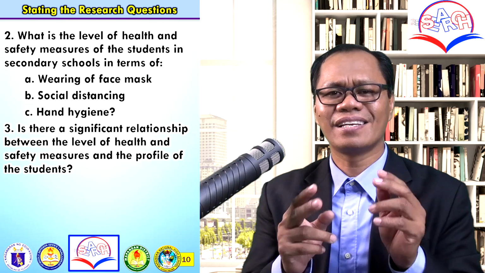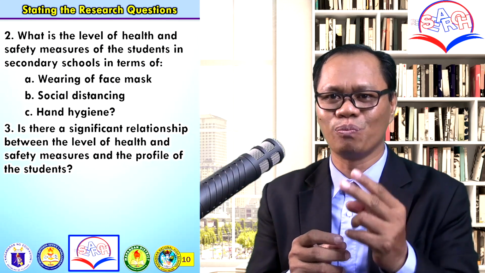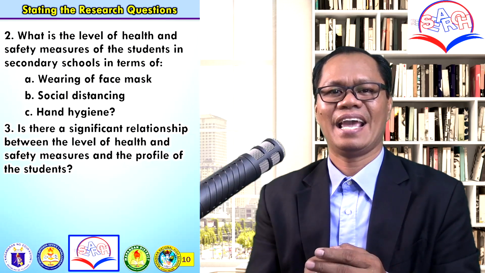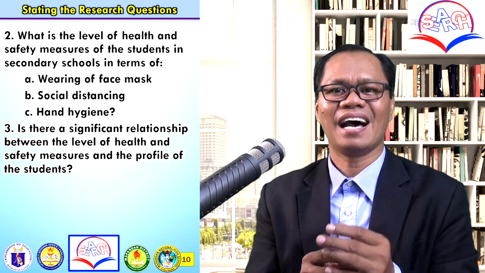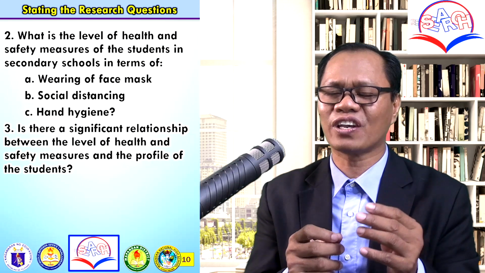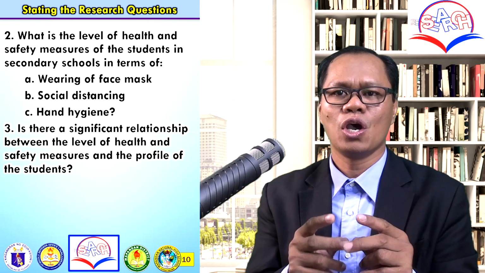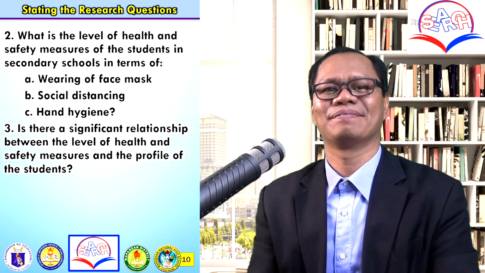When we say significant relationship between variables, we are referring to two variables only. And we can use t-test as the statistical tool. But if we say significant relationship or significant differences among variables, we have to use ANOVA.